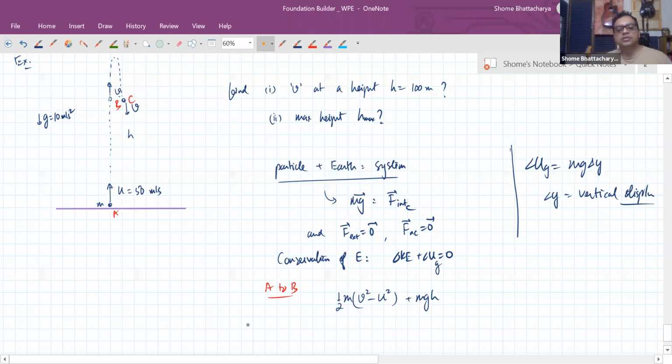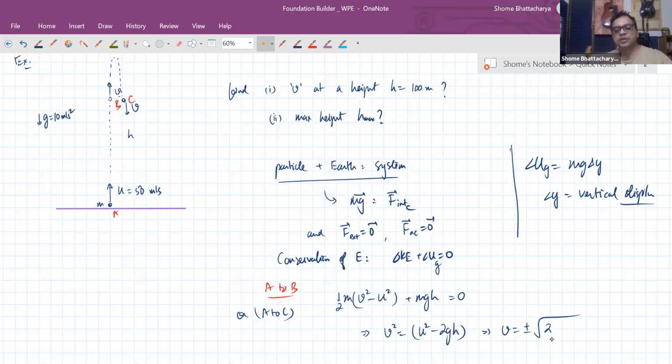Mind you, this will also apply for A to C, when it's on its way down but at the same height. So this should be zero. So we will get v square is equal to u square minus 2gh. So we'll get v is equal to plus or minus root of u square minus 2gh. The plus or minus will tell you whether we're talking about the point B or the point C.